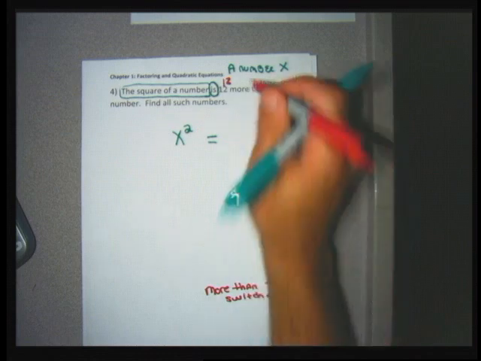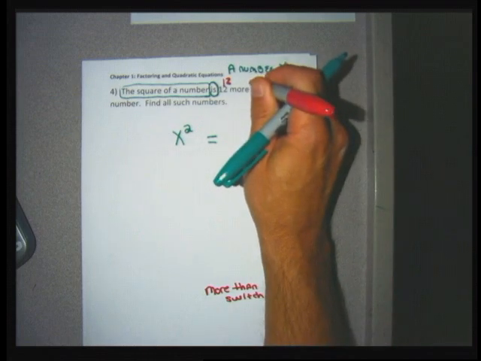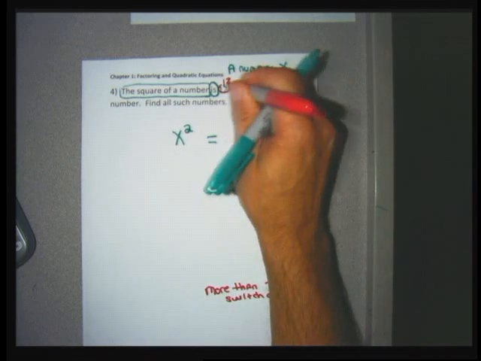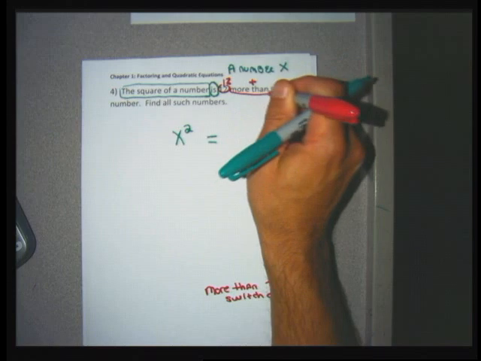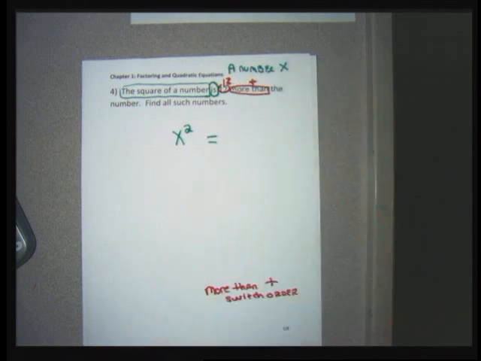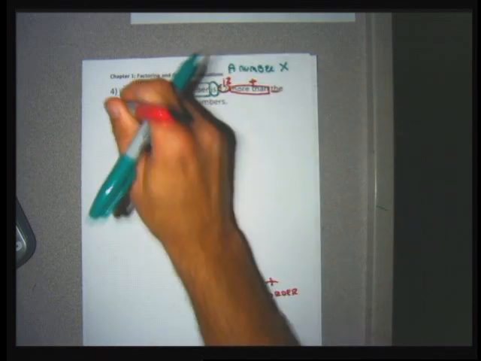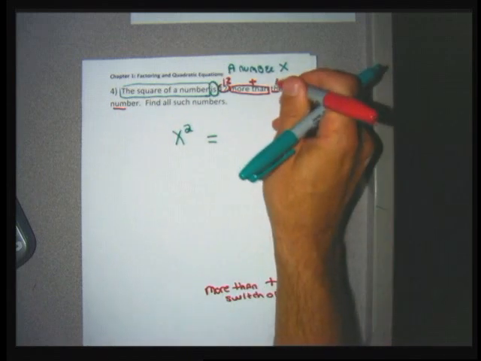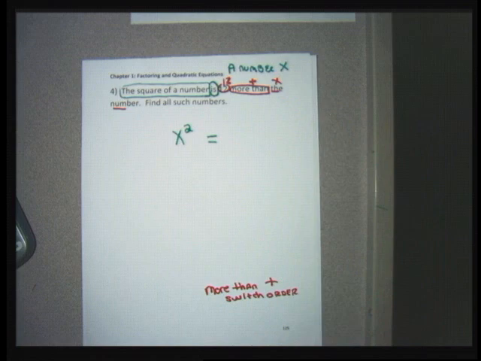So for the "more than," I'm going to replace it with a plus sign, and then I've dealt with the 12, I'm going to make the number 12. I've dealt with the "more than," I'm going to make it a plus sign, and the last thing I need is the number, and I guess for the number I'm going to put the letter x. I'm only going to ever have one variable in these problems.